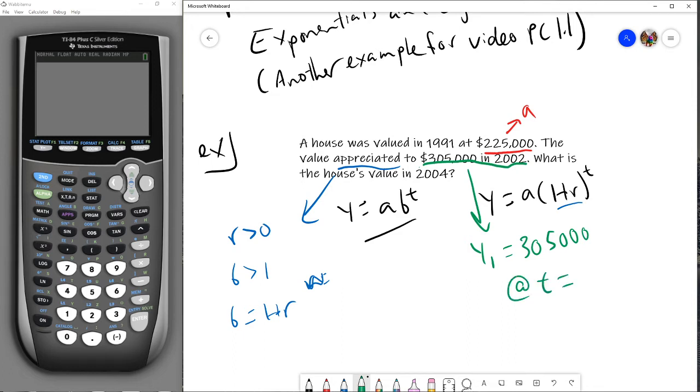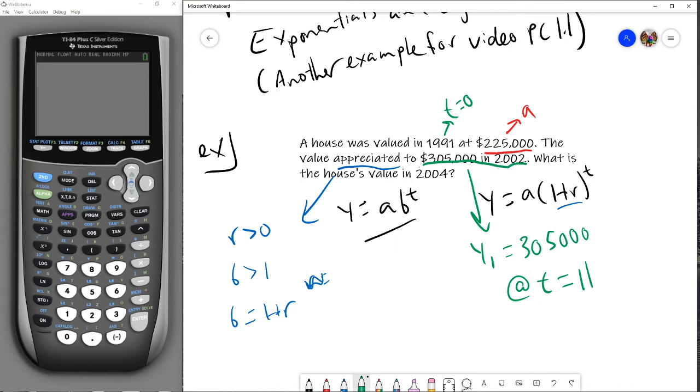Now, we don't want to use 2002 because our start value was at 1991. We want to think of 1991 as when t is equal to 0, which means 2002 is 11 years after 1991. So the 2002 is really when t is equal to 11.